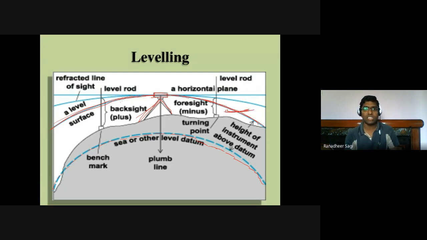On this level surface, at any point, if you draw a tangent, the plane defined by that tangent is what we call your horizontal plane. And on that horizontal plane, if you define a line between any 2 points, then I can call it your horizontal line. On that level surface, if I define a line between any 2 points, I can call it your level line, and so on.